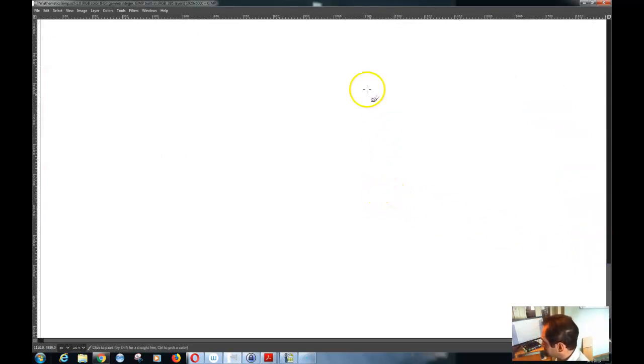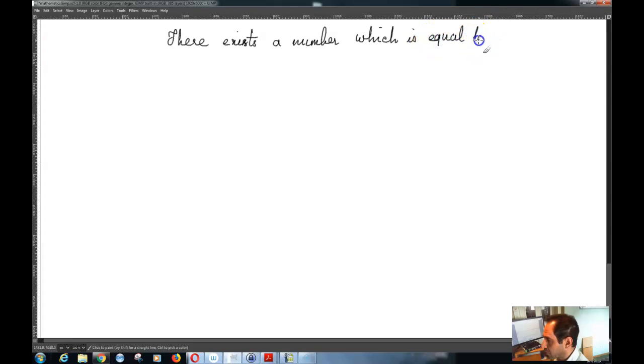So the statement of, for example, number 1 is there exists a number which is equal to its square.